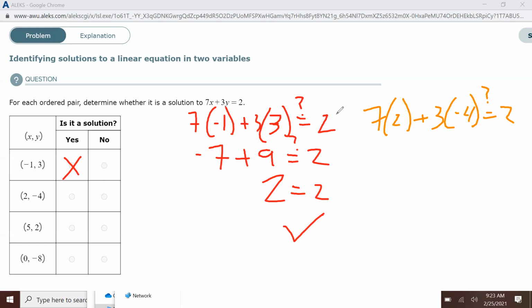And maybe they're equal and maybe they're not. Upon simplifying, I get 2 = 2 again, and so they definitely are equal. Therefore, 2, -4 is a solution to the equation.